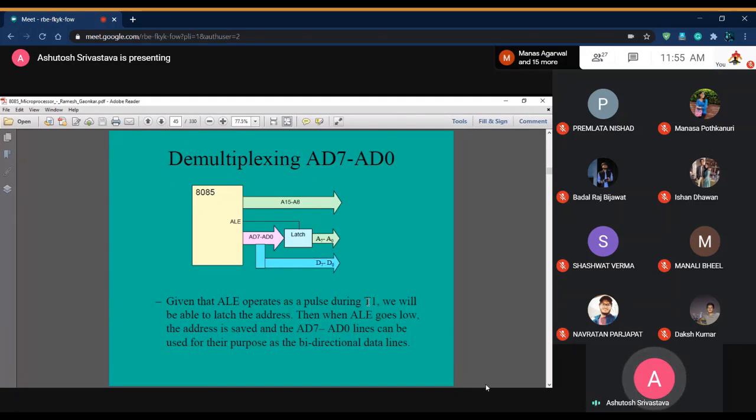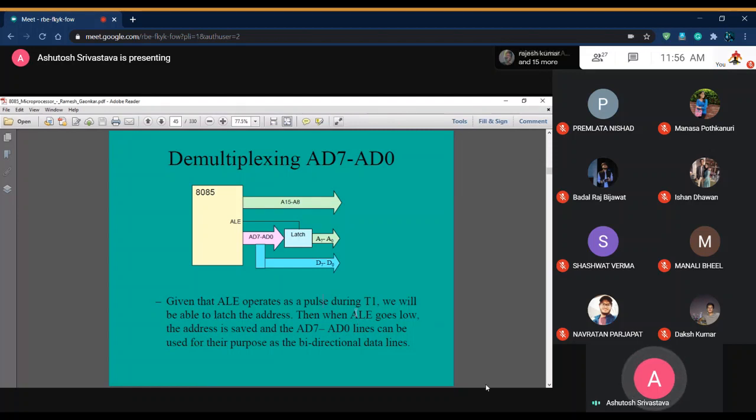So ALE operates as the pulse during your first clock pulse, will send a signal to enable your latch and is able to extract the lower order of your address.